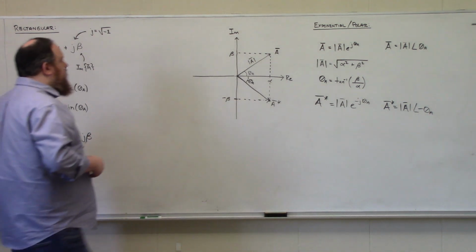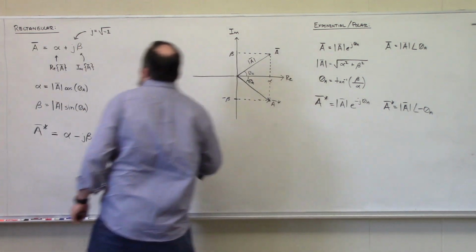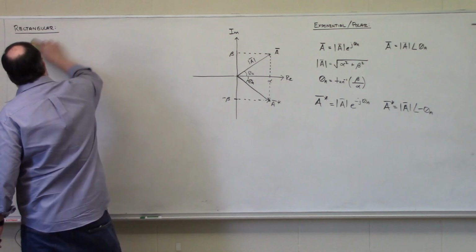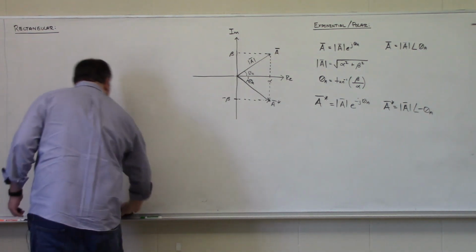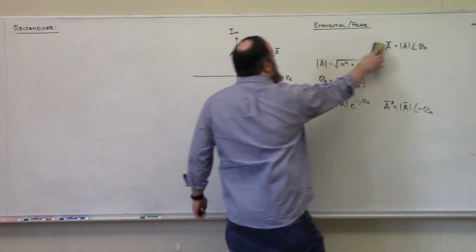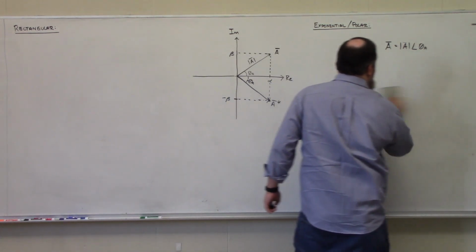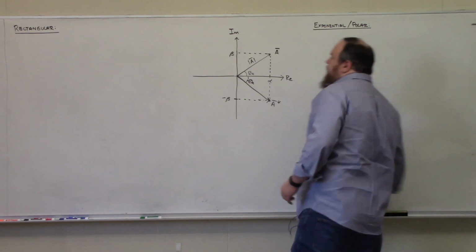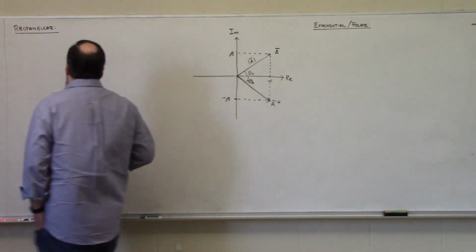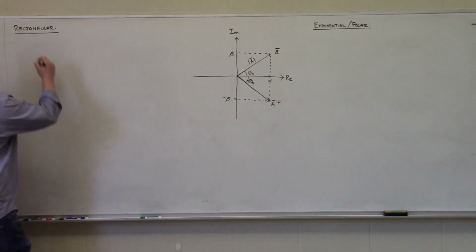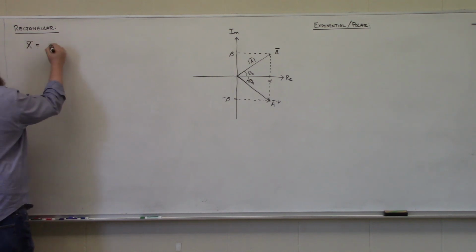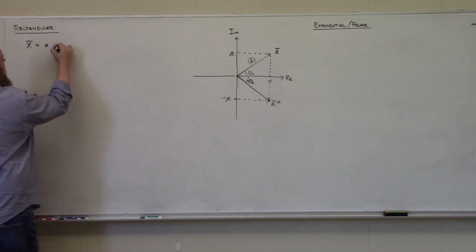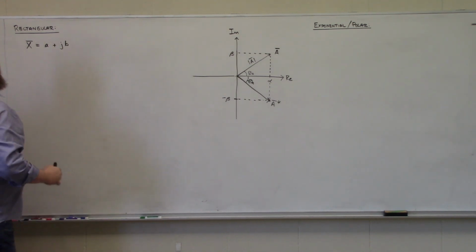Now let's walk through some mathematical operations. So I'm going to define a complex number x, and it will have a real part, lowercase a, and an imaginary part, lowercase b.